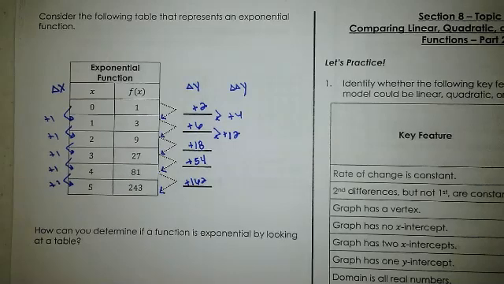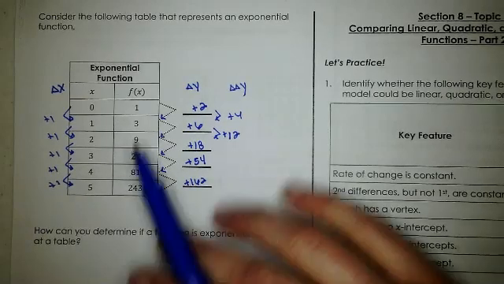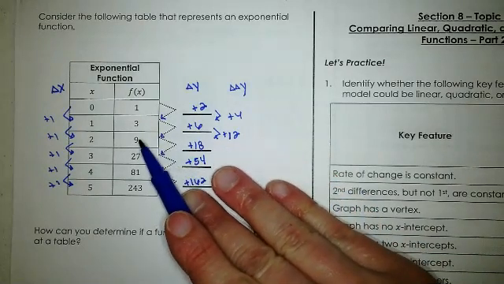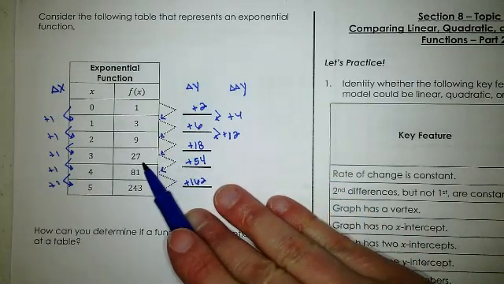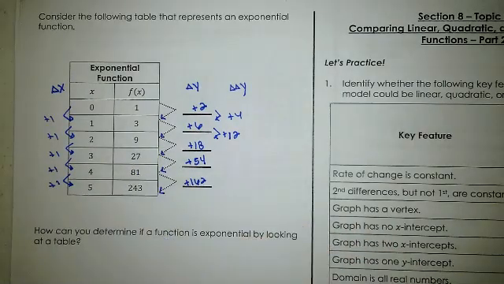So we have to look for a different pattern. So they're not adding. Is there something that's happening to get from 1 to 3 that you can also do to get from 3 to 9, that you can also do to get from 9 to 27, to get from 27 to 81, to get from 81 to 243?